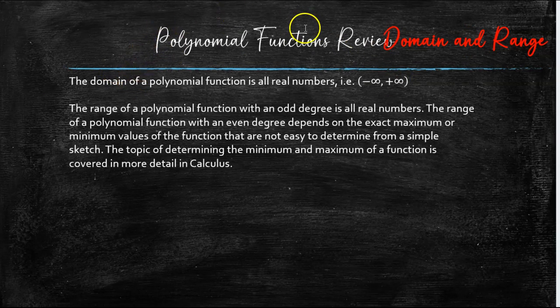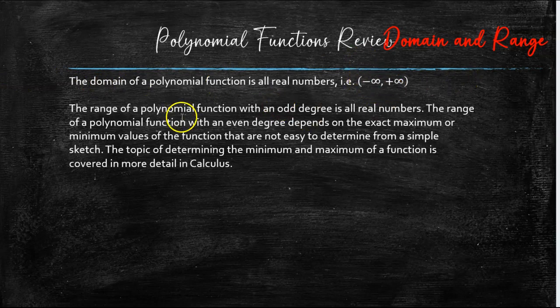Now, with the graph in front of you, you should be able to figure out the domain and range. The domain is always, because of the nature of polynomial functions, in particular the lack of constraints, all real numbers.